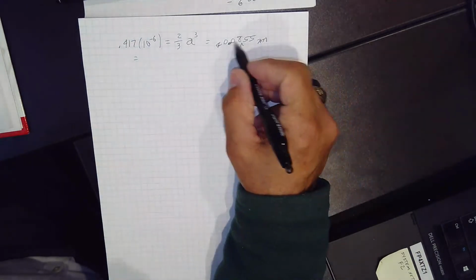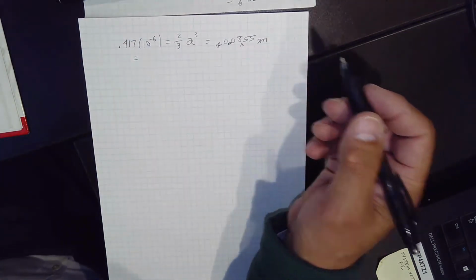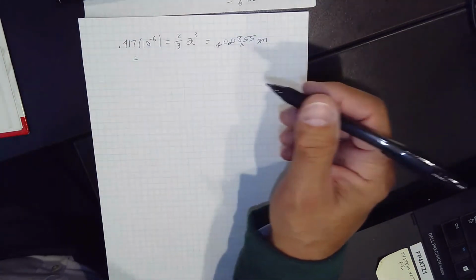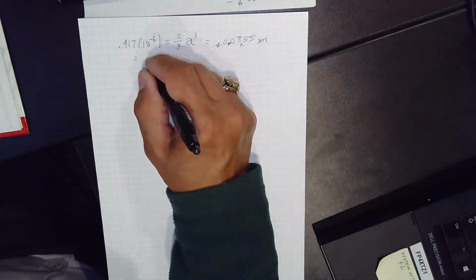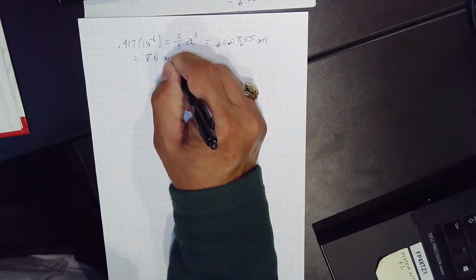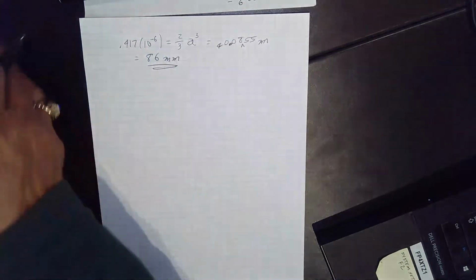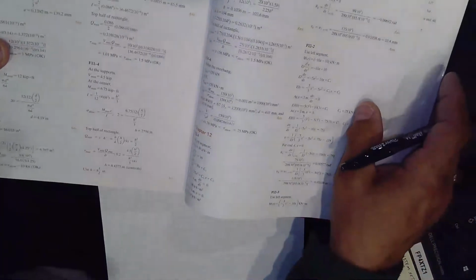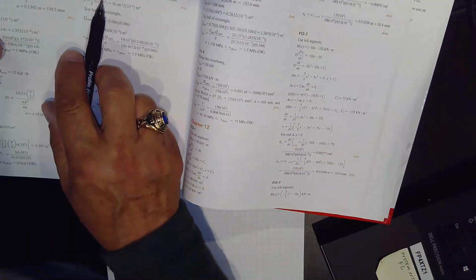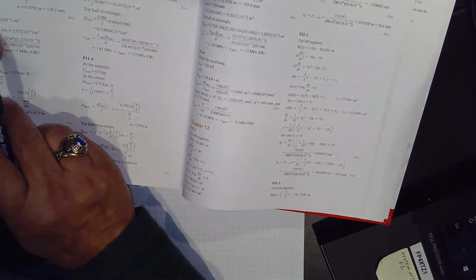There we go. 0.0855. And so that is 86 millimeters. And that's what the book got too. 86 millimeters.